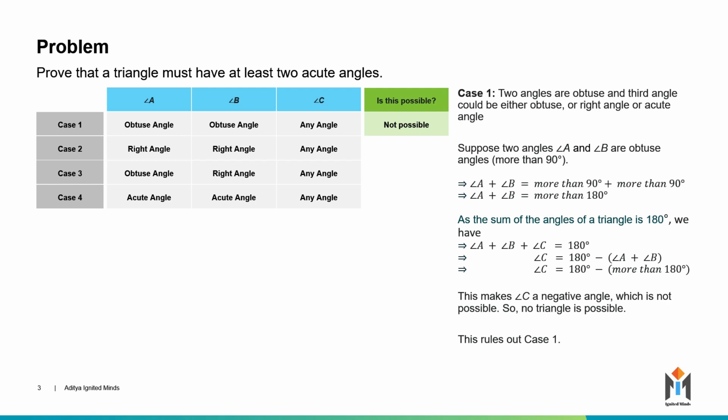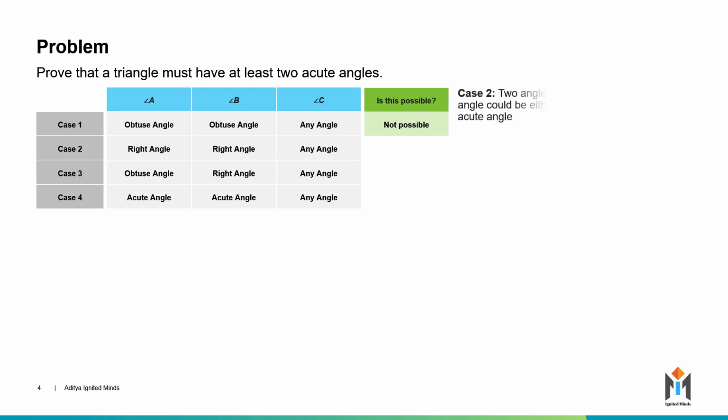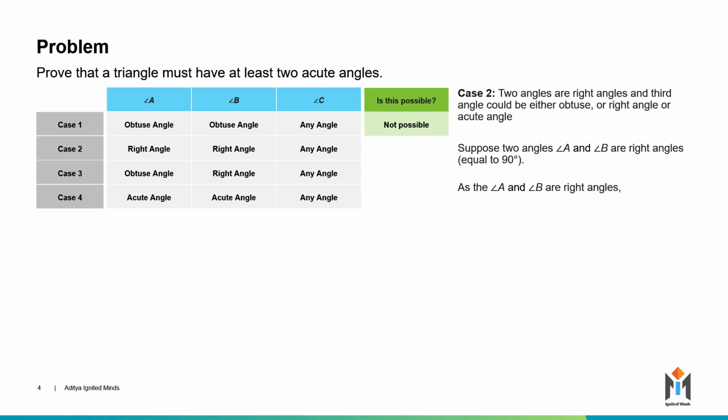Let us go to case number 2. In case number 2, two angles are right angles, and the third angle could be obtuse, right or acute. Let us assume that angles A and B are right angles, so both are equal to 90 degrees. The sum of angle A and angle B is 90 plus 90, which is equal to 180 degrees.